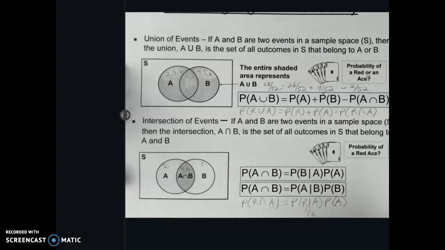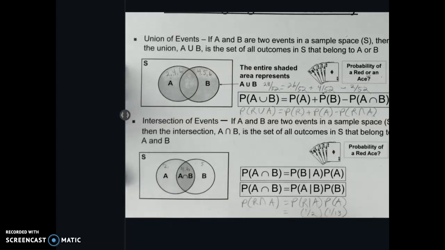And then the probability of an ace is, well, in a deck of 52 cards, 4 of them are aces, so 4 out of 52. Or you can break that down. You could actually say that's 2 out of 26 or 1 out of 13. So we'll put 1 out of 13. Don't have to, but sometimes it makes it easier.